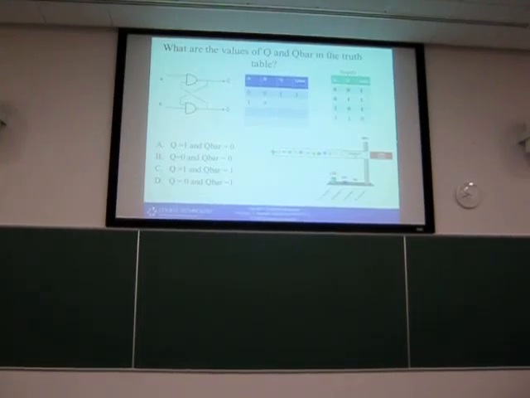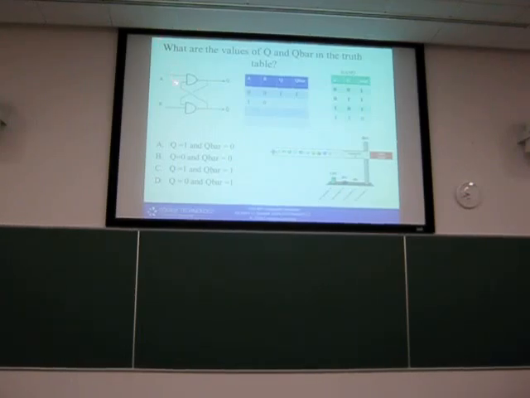So Q equal to 0. Where's Q? Q is here, 0. And Q bar is 1. Does anyone want me to go over that bit? Yeah, Chris?